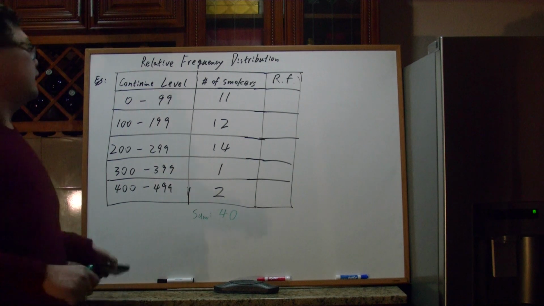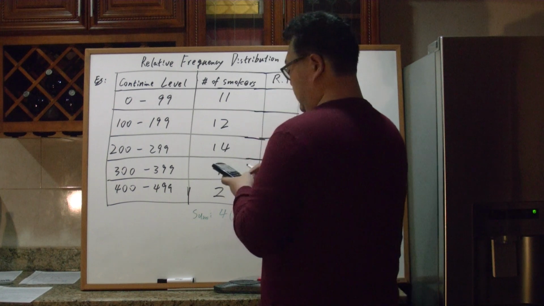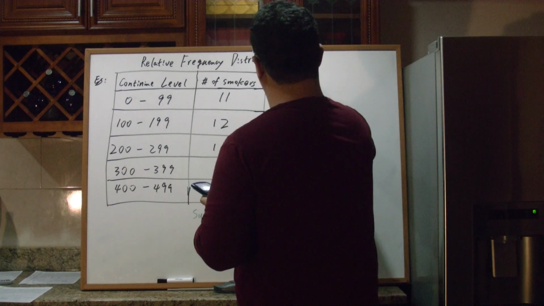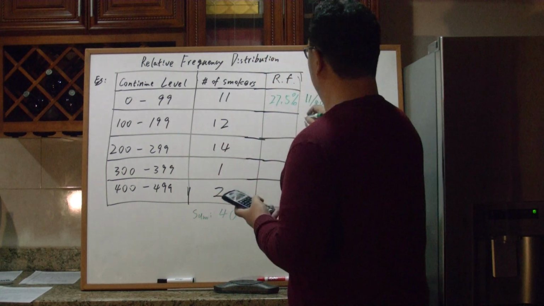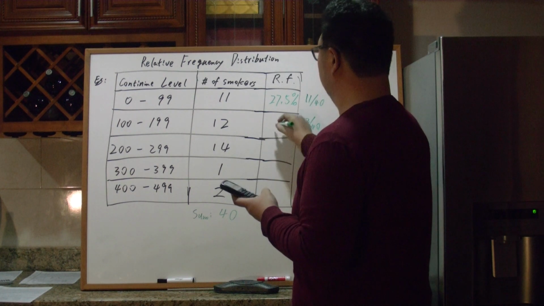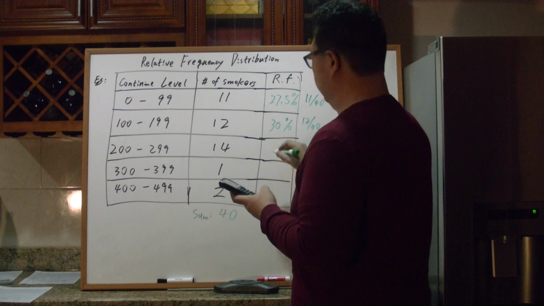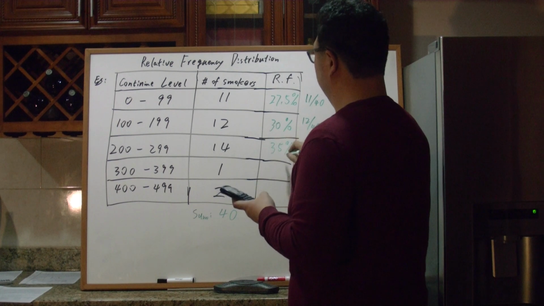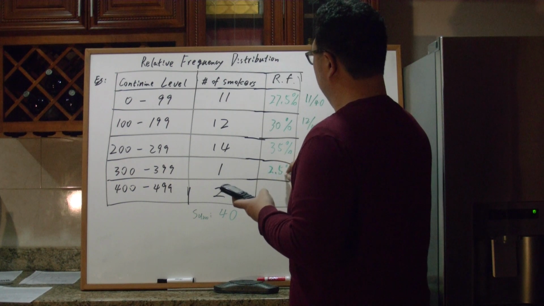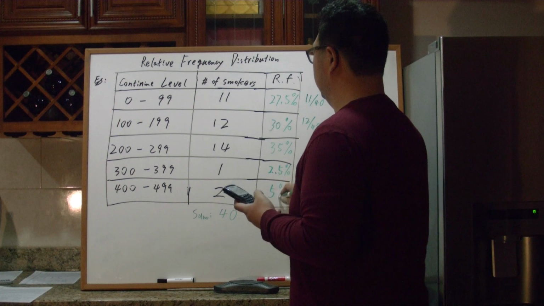Then the relative frequency is nothing else but dividing 11 by 40 and converting that into a percentage, and 12 over 40 converted into a percentage. 14 divided by 40 converted to a percentage is 35%. Then 2.5%, and 2 of them is just 5%.